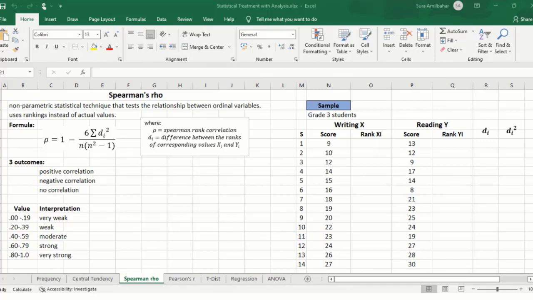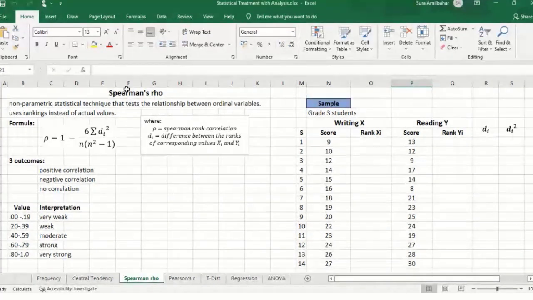Spearman and Pearson were both scientists and, of course, great researchers. They were able to formulate the formulas on how to solve the correlation between two variables. Let's start with Spearman's rho because, if you can still remember, we have different types of variables: nominal, ordinal, interval, and ratio.